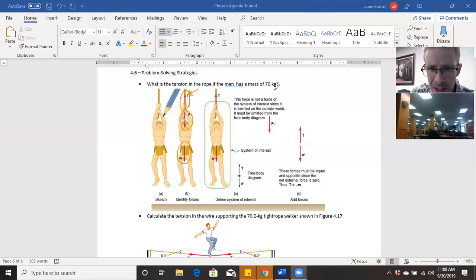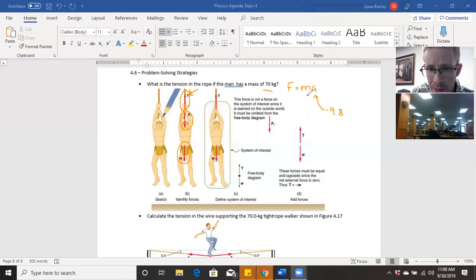For example, they're asking you this question: what's the tension in the rope if the man has a mass of 70 kilograms? Well, Newton's second law says that force is equal to mass times acceleration, right? If we know that gravity is the acceleration this guy is experiencing, so negative 9.8, I'm going to plug in for a.